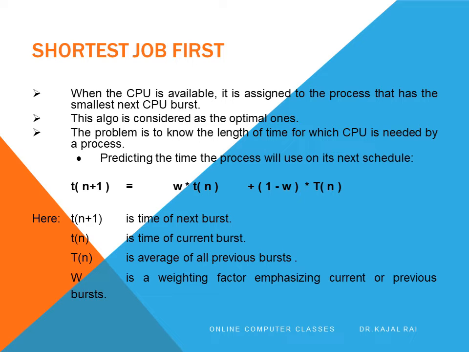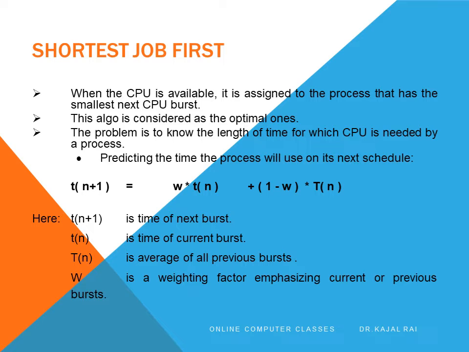But it can be done using the given formula, where Tn+1 is the time of the next burst, Tn is the time of the current burst, and big Tn is the average of all previous bursts.